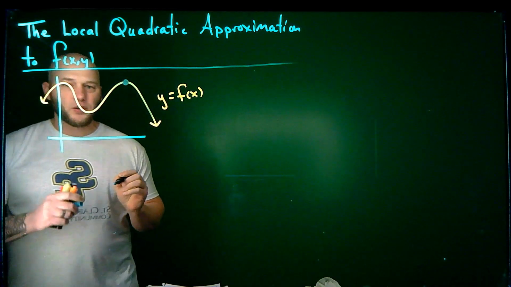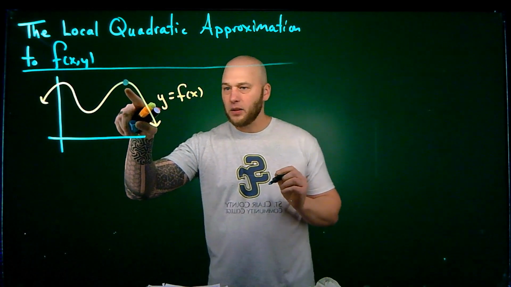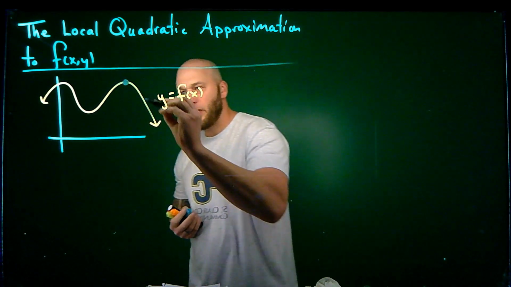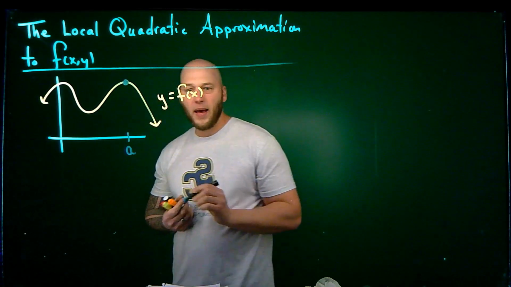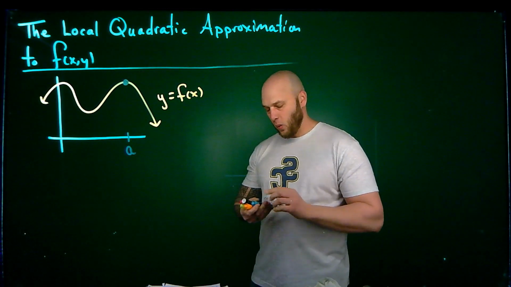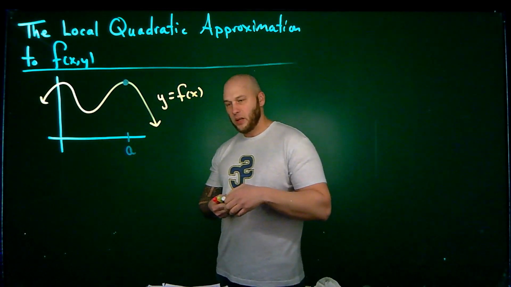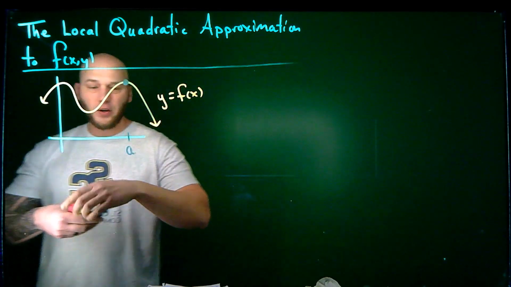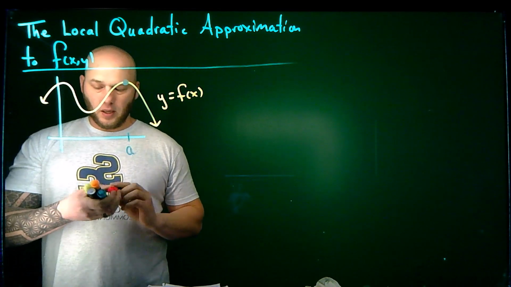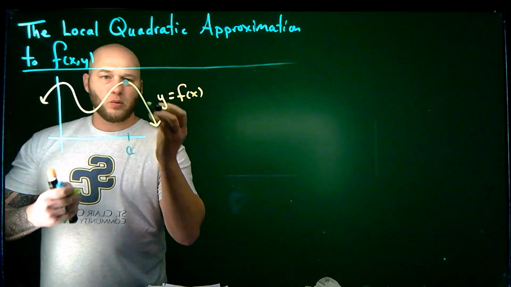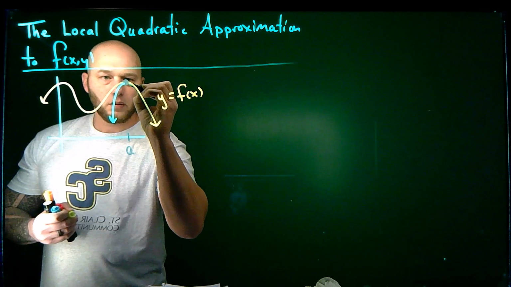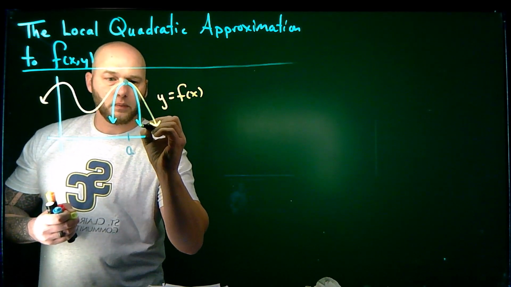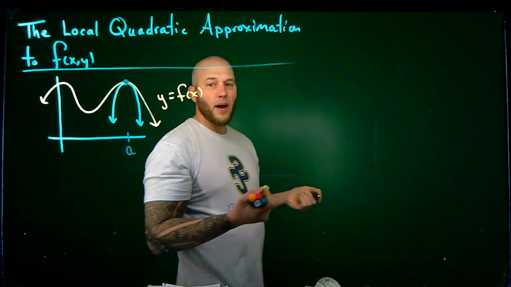So what is the quadratic approximation at the point at the top of that? And let's say this corresponds to the point when x is equal to a. Well, a quadratic approximation would give a graph of a quadratic function. Let's say the graph looks something like this. All right, and so I get a parabola at that point.